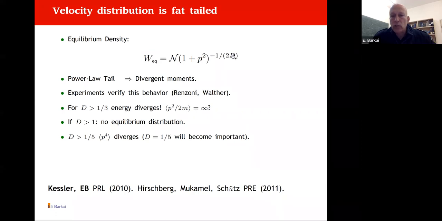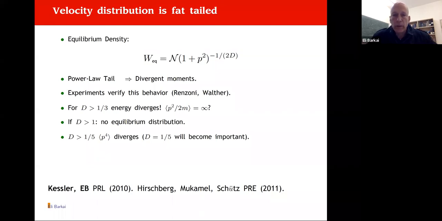And again, d I can control in the experiment by changing U0. What you see here is that the velocity distribution for large p has a power law distribution. And this is important because it is one of the reasons why you have this Levy statistics: the velocity itself is very broadly distributed.